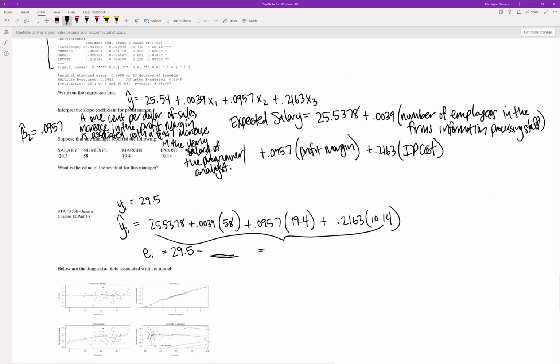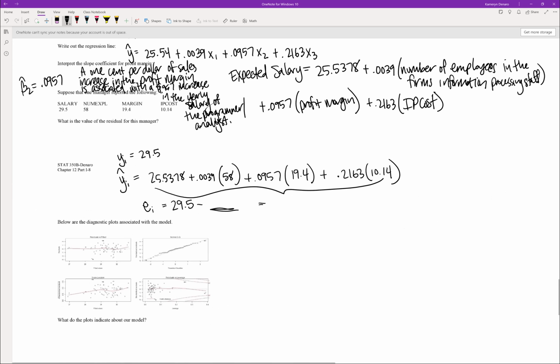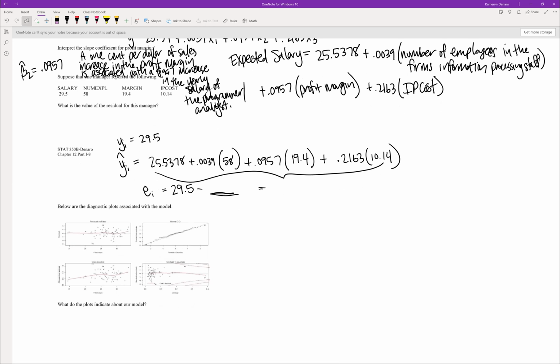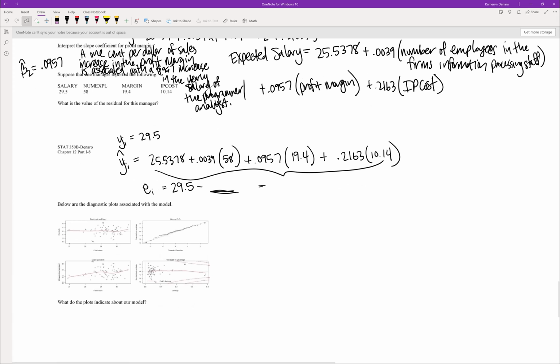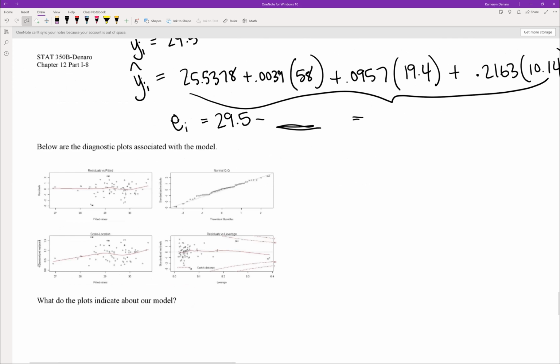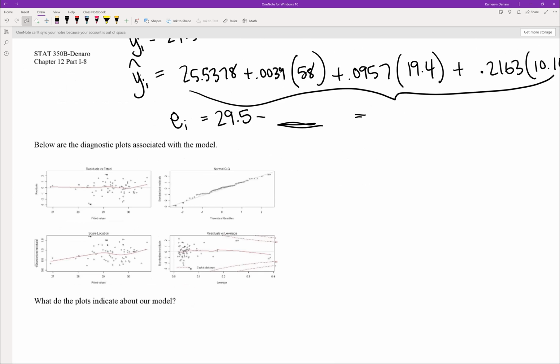Below are the diagnostic plots associated with the model. What do the plots indicate about your model? When I look at these plots, the residuals versus fitted values might have some curvature in them.